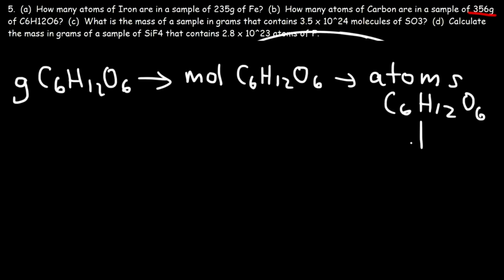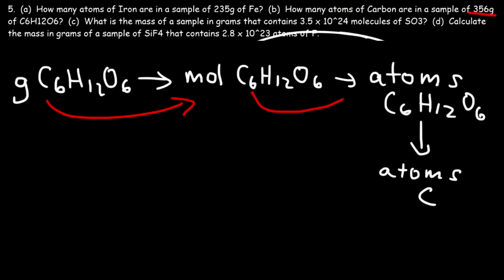And once we have that, now we need to change the substance, so we're going to convert glucose into carbon. So the first step, we need to use the molar mass. For the second step, Avogadro's number. For the third step, we need to use the formula that we have here.